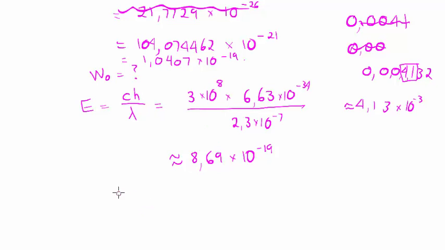The difference between these two is then the amount of energy that was used up in the knocking off process. Does that make sense? So in other words, the work function is roughly equal to 8.69. And again, this is the average energy that I could have subtracted.